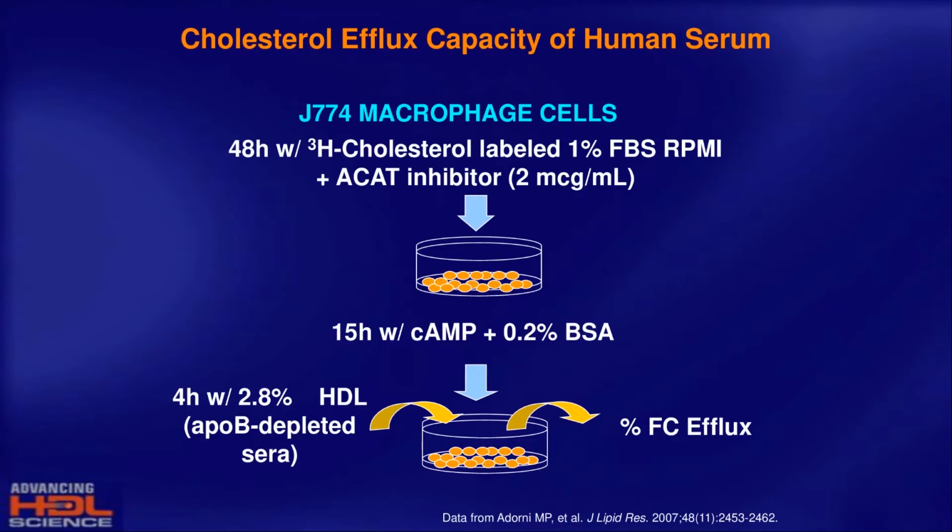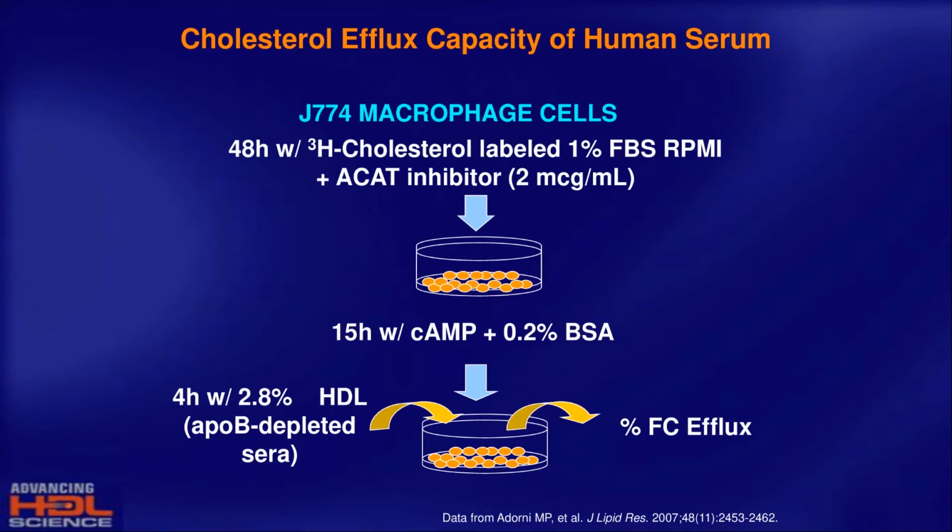The pioneering work from George Rothblatt, Adorni, Dan Rader, Marina Kutchel, and de la Llera-Moya has used cholesterol loading of macrophages, and they inhibit the cholesterol efflux by using an ACAT inhibitor. So they're radiolabeling the cholesterol to load up the cells, preventing the efflux with an ACAT inhibitor.